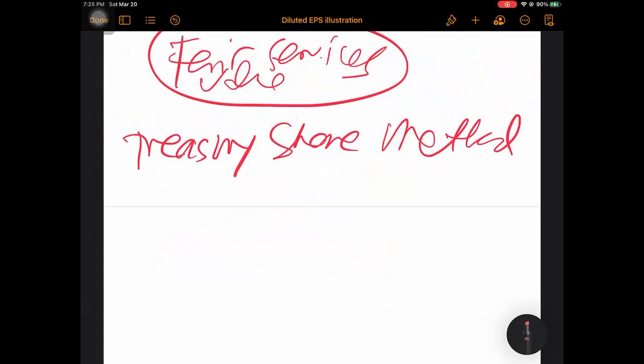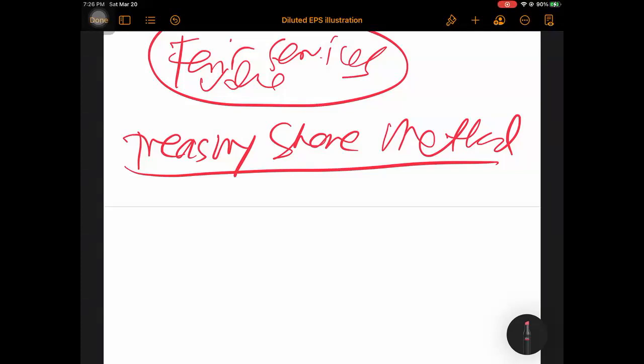However, this does not imply that the entity has entered into a transaction to purchase a treasury share. The treasury share method is used to simplify the computation of incremental ordinary shares that are assumed to be issued for no consideration as a result of the options and warrants.